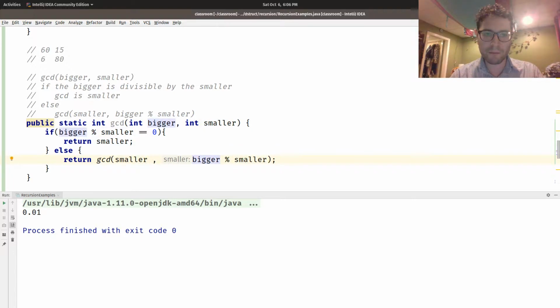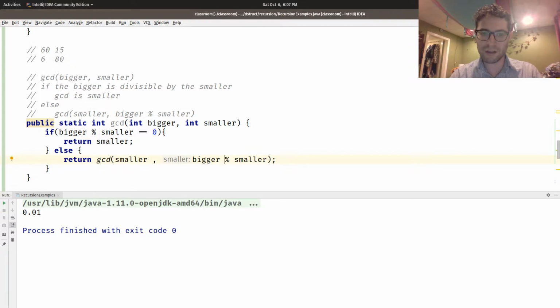For now, just assume that bigger is always going to be bigger than smaller. Any number that's bigger than a smaller number, if it's mod by the smaller number, we're going to end up with an even smaller number. This is going to be smaller than bigger or smaller. It's going to get closer to 1, right? Now, why 1? Why will this get closer to 1?